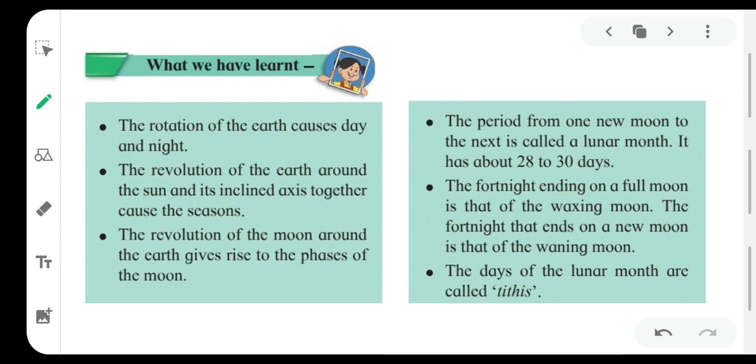And the full moon takes 15 days to form the new moon. It is called the waning moon, that is Krishna Paksha. And the fourth night of the waxing moon plus the fourth night of the waning moon is called a lunar month. This you should keep in mind.